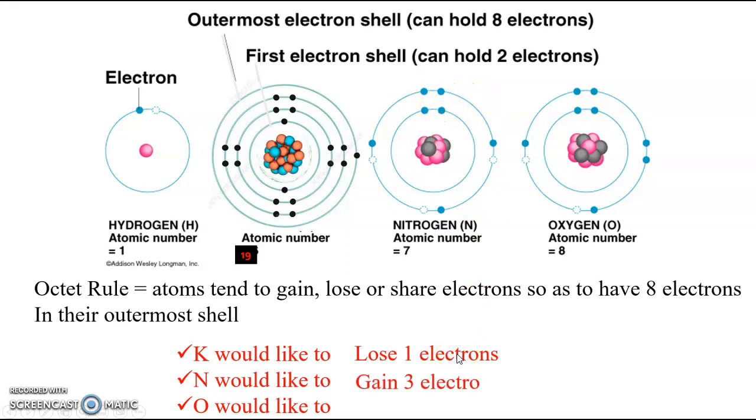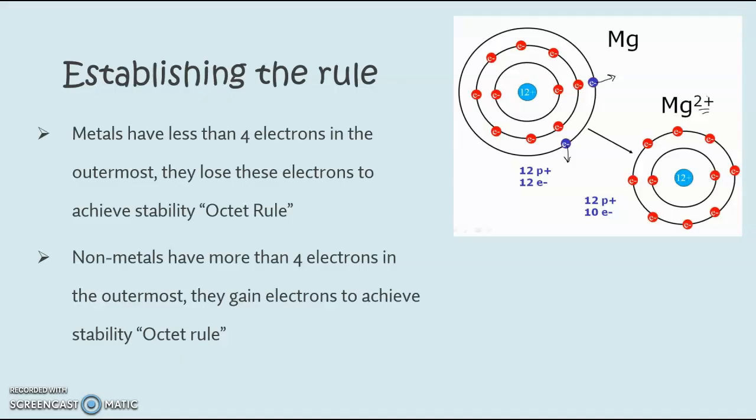So if nitrogen gains 3 electrons, then it would have 8 electrons in the outermost shell. It would be stable. Looking also at oxygen, since it has 6 electrons in its outermost shell, if oxygen gains 2 electrons, then this outermost shell will contain 8 electrons, and oxygen will transform into a stable ion.